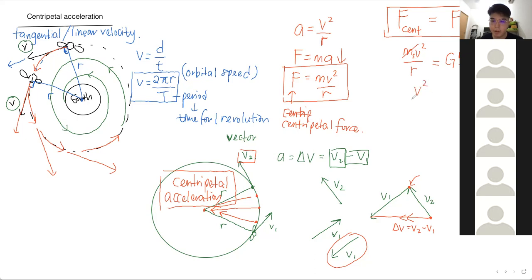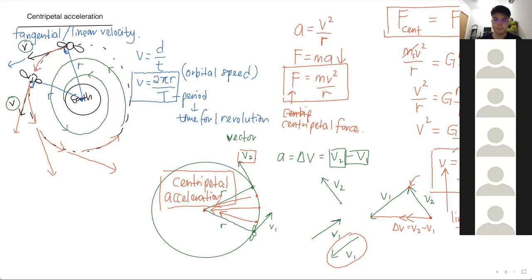We get v squared over R equals G M_E over R squared. Move this to the other side and cancel one R, so we get G M_E over R. At the end I take the square root: v equals the square root of G M_E over R. This one you need to take note of. This is v, the linear velocity.